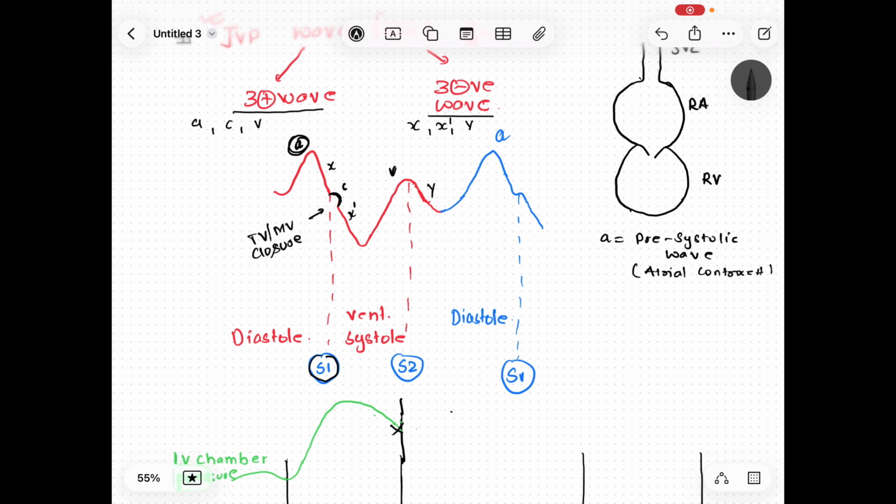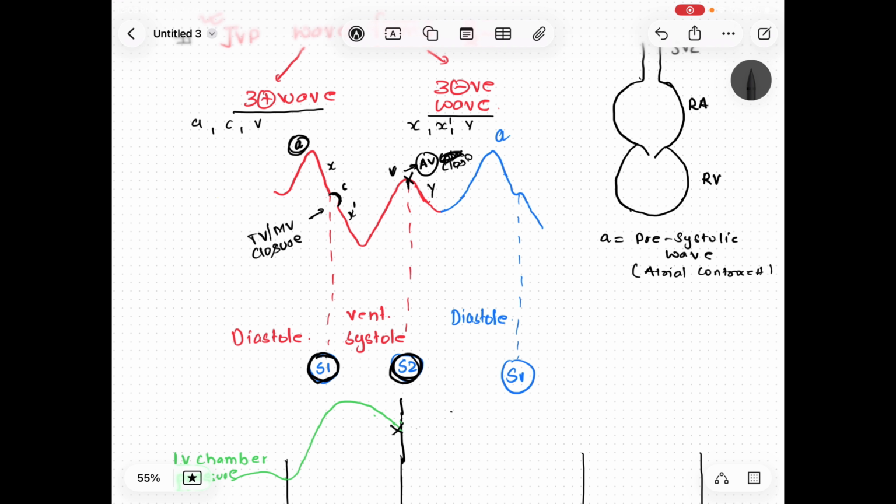This forms the S1. So ventricular systole begins here, and at the peak of V wave, the AV valve closes, which forms S2.